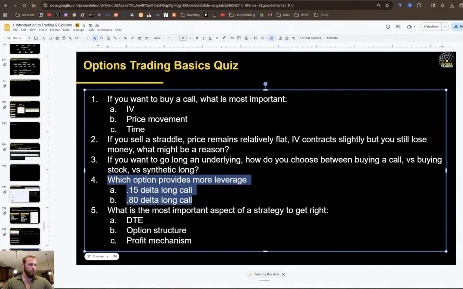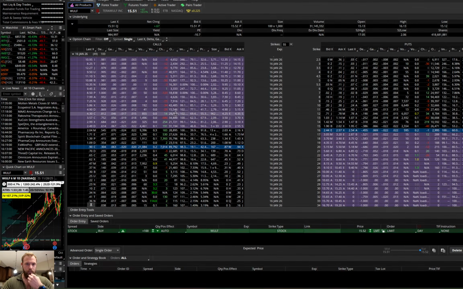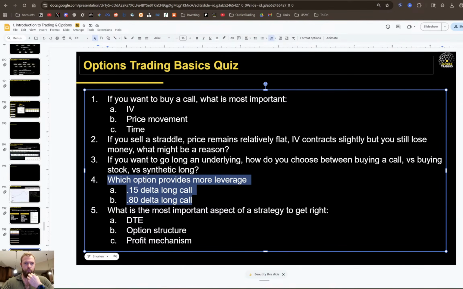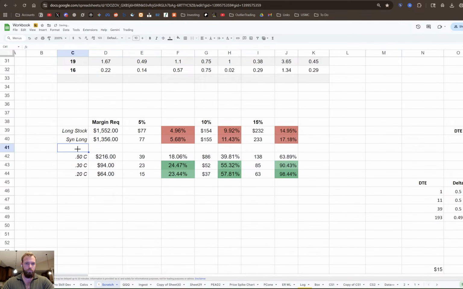Let's explore what that scenario might look like. Let's use Wolf as an example, and let's grab an 80 delta call. So the 80 delta call, we're going to get that for 430.